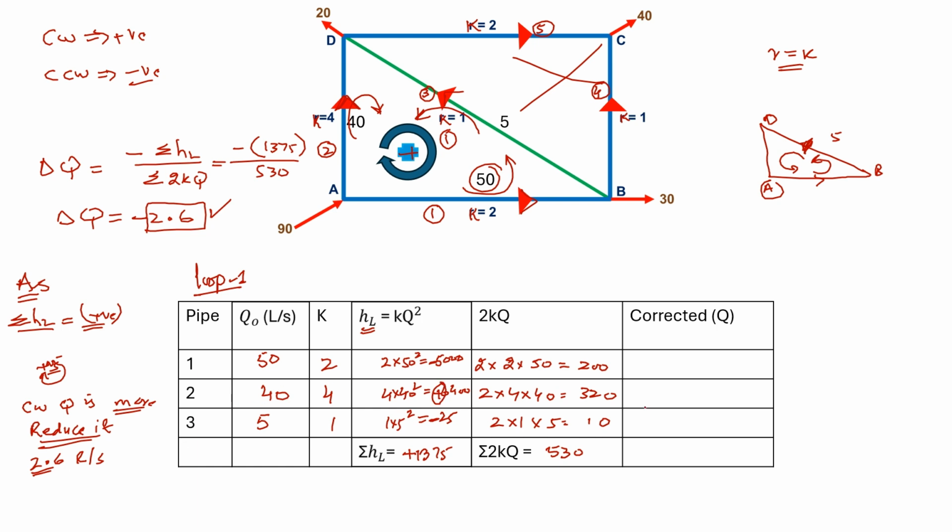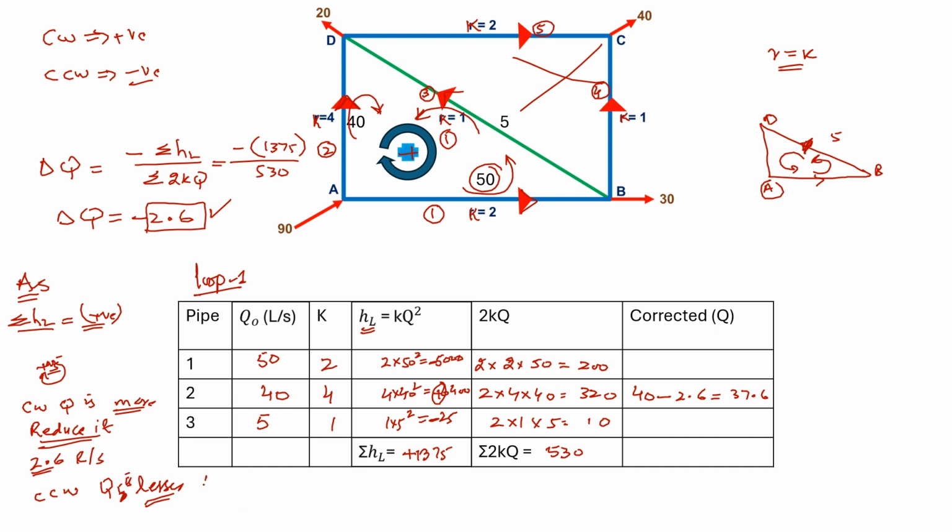It is 40. You will simply do 40 reduced by 2.6. So what will be the value? It will be 37.6. Now, what will happen to counterclockwise movements? It means that counterclockwise Q is lesser. That's why the value of summation of HL is positive.